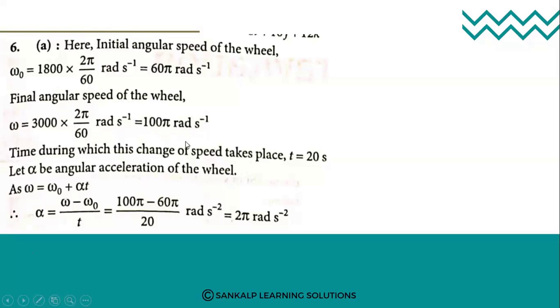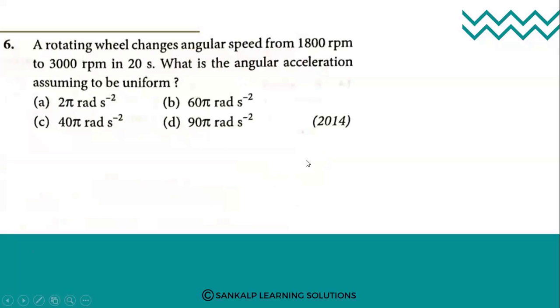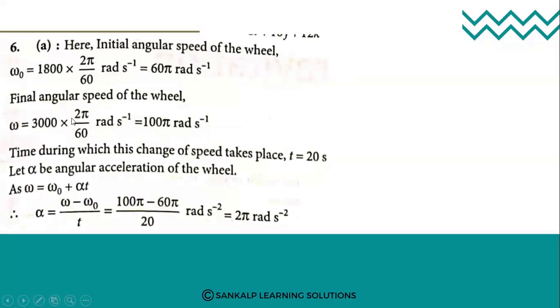The time during which this change of speed takes place is given in the question as 20 seconds. Therefore the angular acceleration of the wheel is given by omega is equal to the initial angular speed omega naught plus alpha into t. So here we need the alpha value.